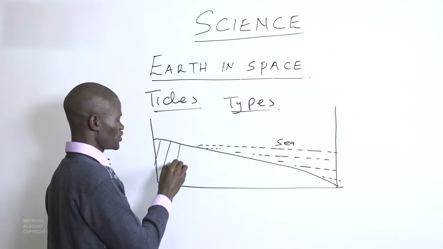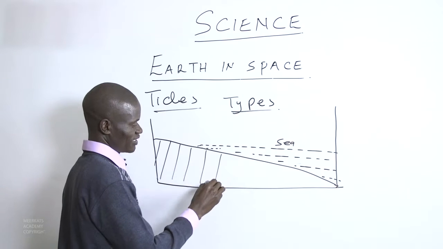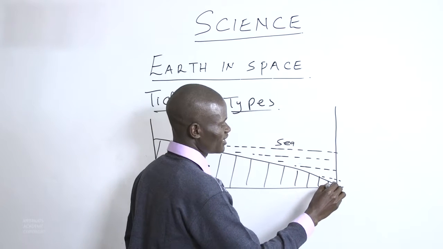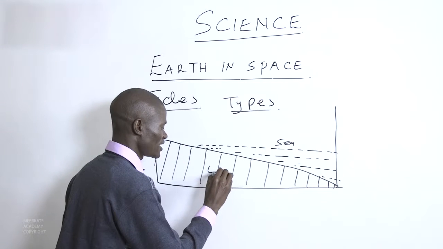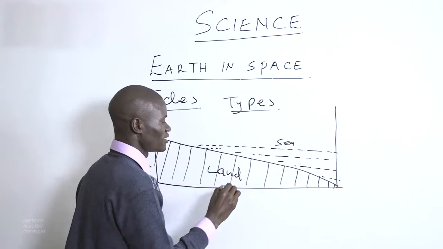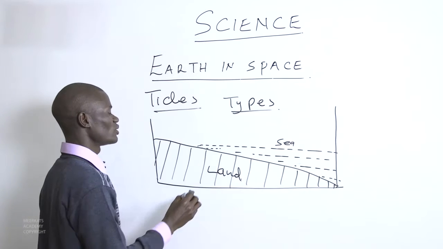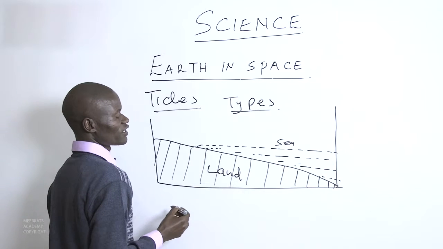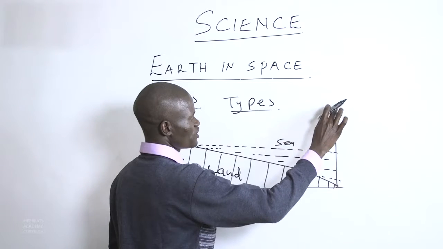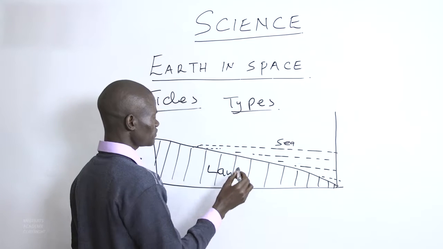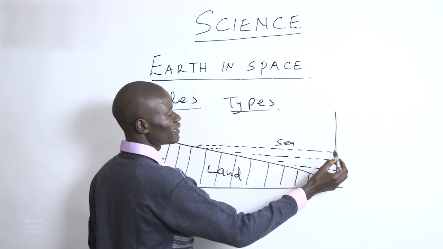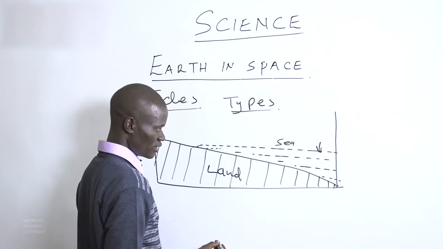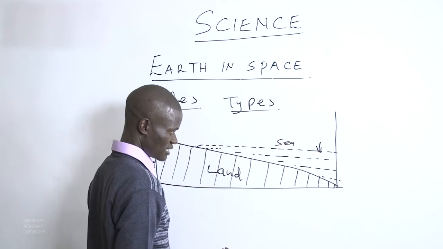And then it occurs in the regions that are neighboring the ocean or the land. We call them the coasts. During that period of syzygy, there will be water levels increasing in this region, that is in the ocean or the sea.